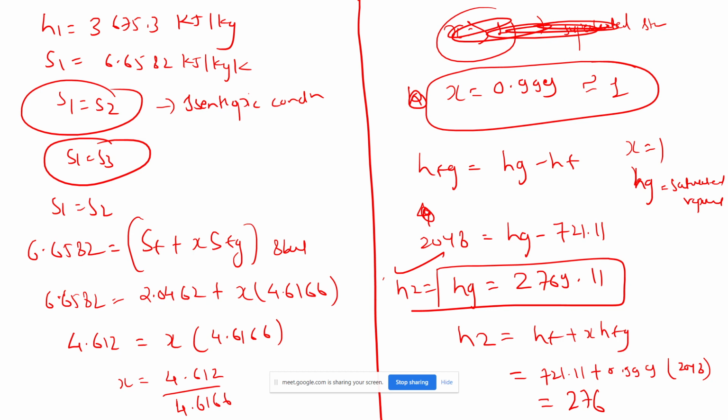I took 0.99, sir, I got 2748.6. No, take 0.999. What you have got? 2767.062. Yes, take 0.999, because after calculation we are getting 2767.062 kilojoule per kg.